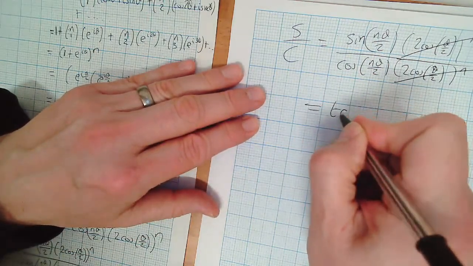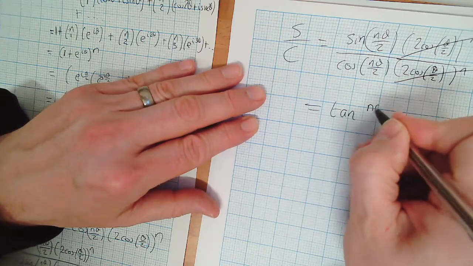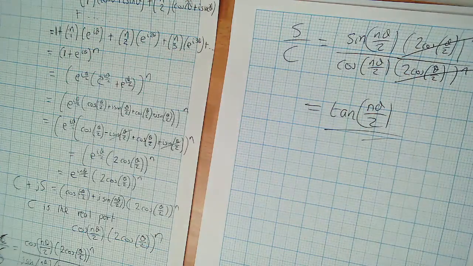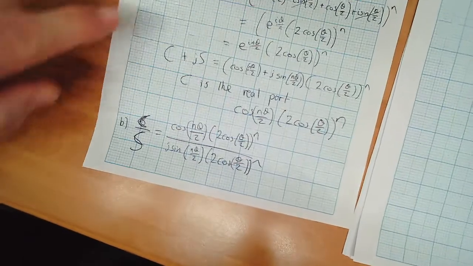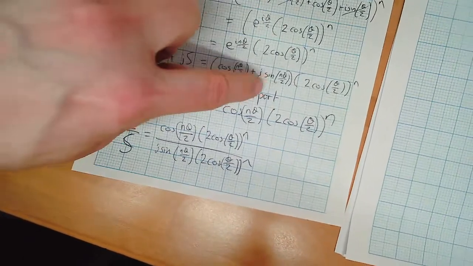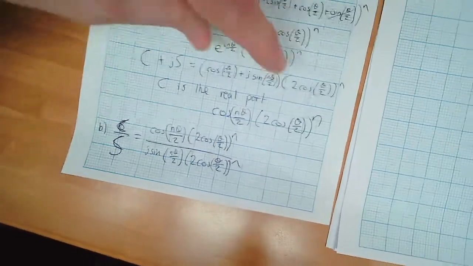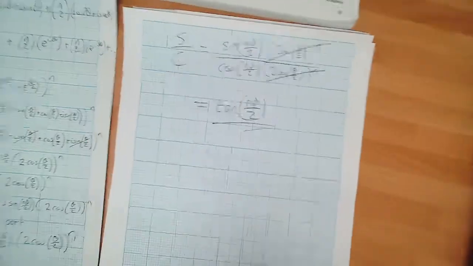And that gives me, as required, tan of n theta over 2. Sine over cos is tan. And the second part really is very quick. So what I'm doing is I'm taking from that the imaginary part, those two multiplied together, over the real part, those two multiplied together.